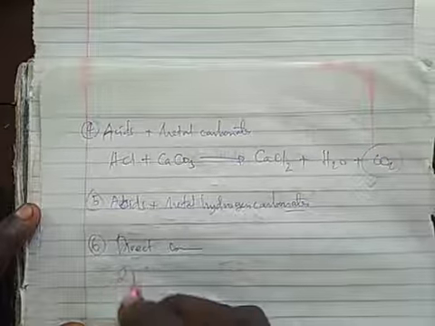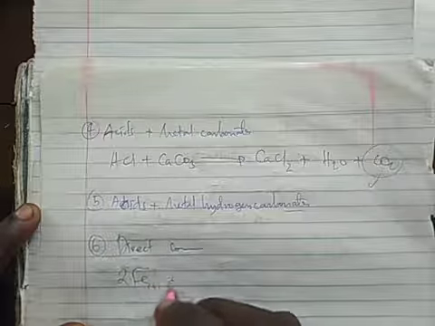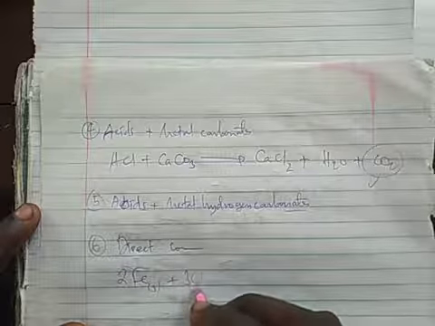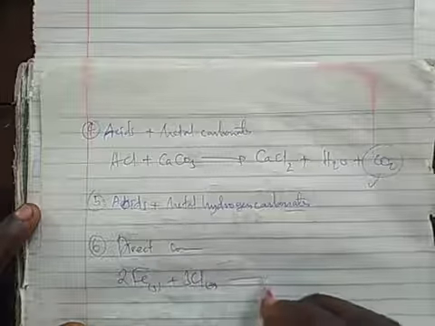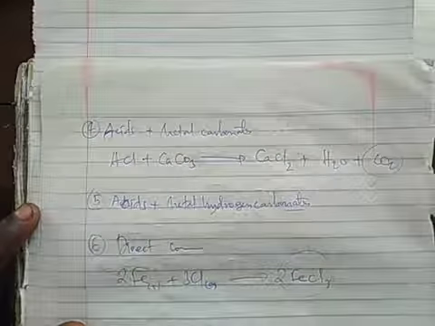For example, we can combine solid iron with 3 chlorine gas to get 2 molecules of iron 3 chloride. That is direct combination: you pass chlorine vapor over iron metal.